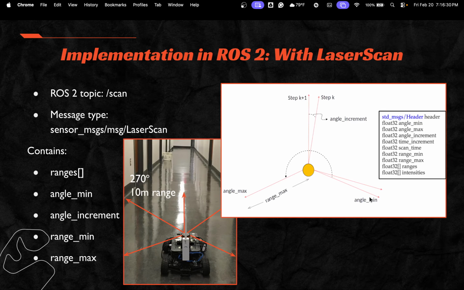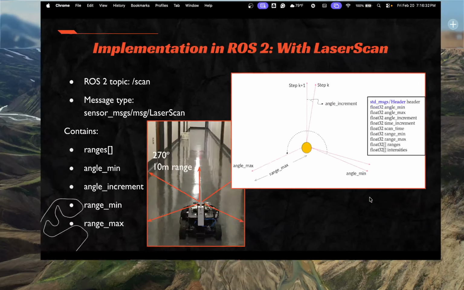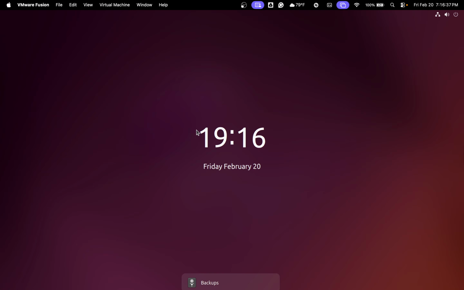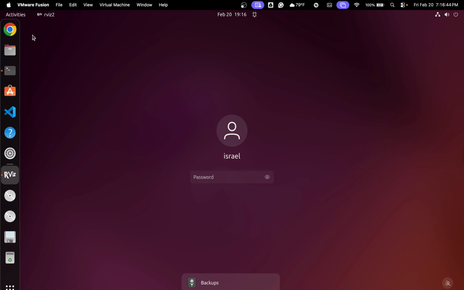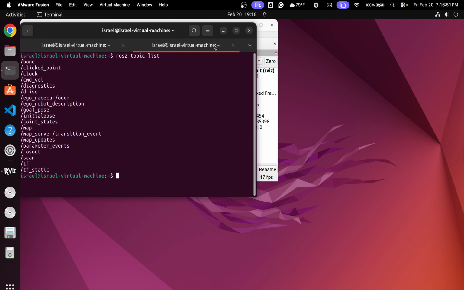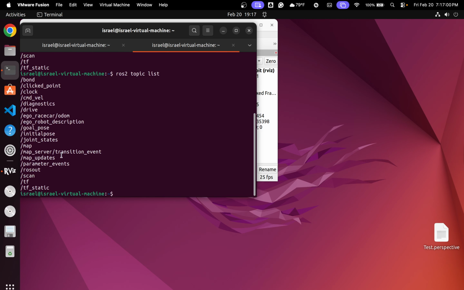So to give you an example, if you are running the simulation, you can open the terminal and browse to topic list to see the topics that are being published, and scan right there is one.